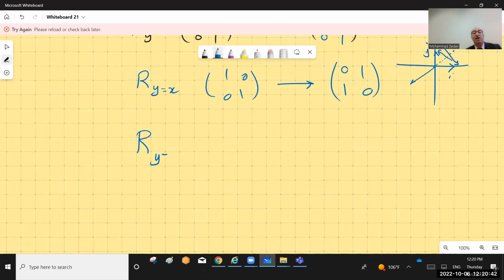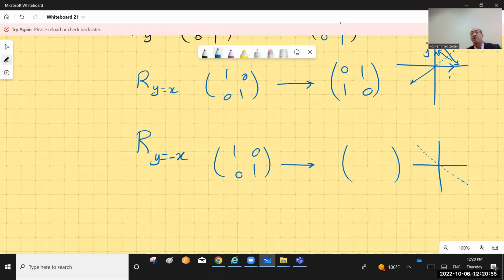Reflection in the line y equals negative x. Draw the 1, 0, 0, 1 identity matrix, and look what happened to the unit vectors i and j. This is the line that represents y equals negative x.